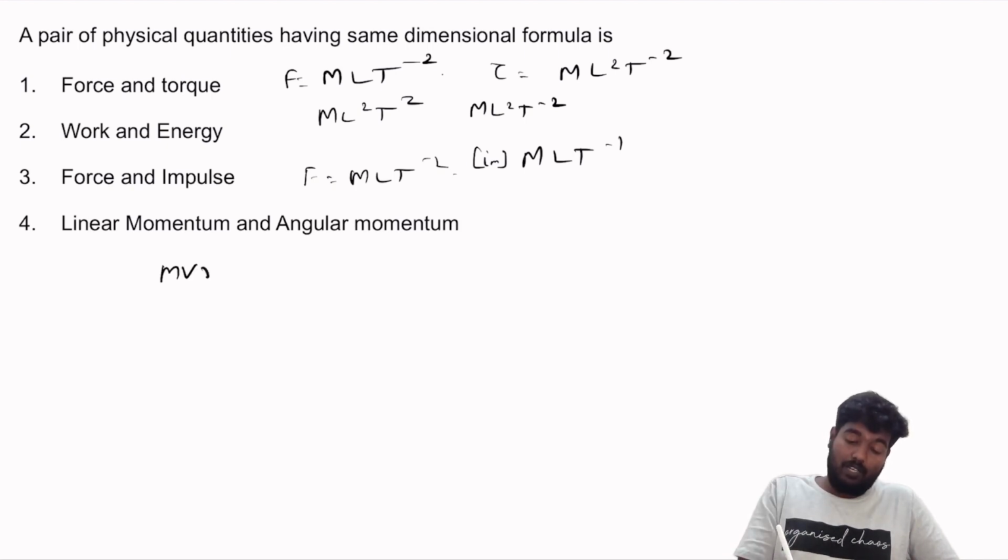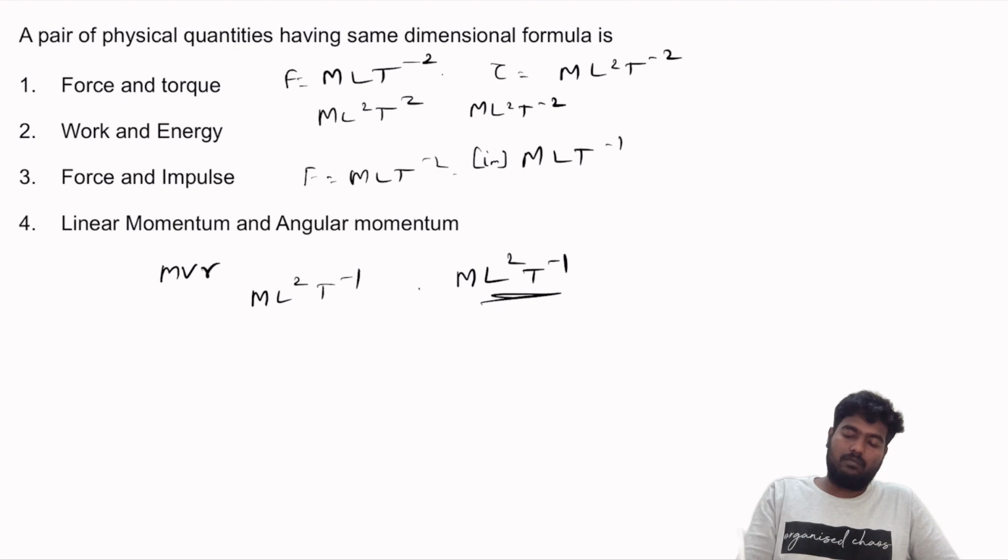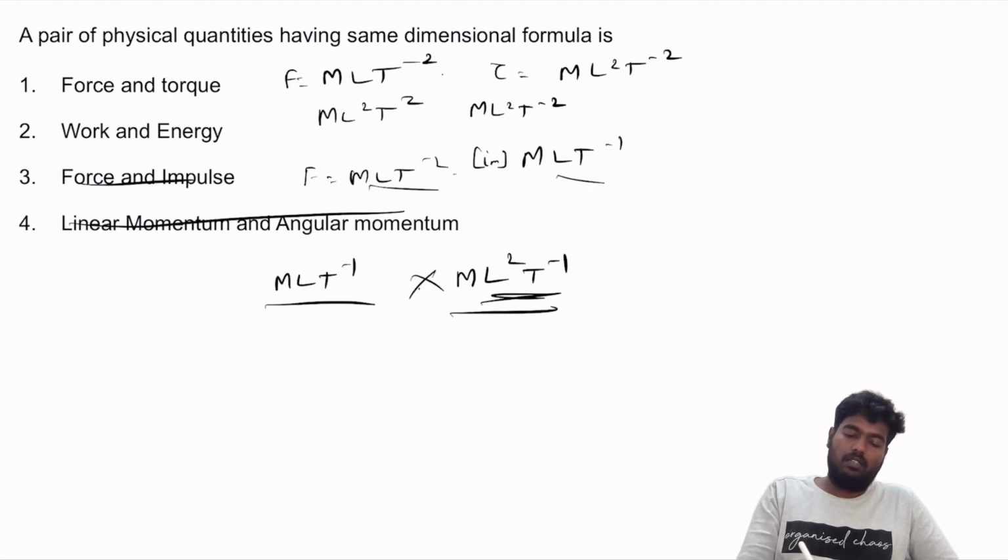Angular momentum is energy into time, so ML square T power minus 1. Linear momentum is m into v, so ML T power minus 1. So they are not same.